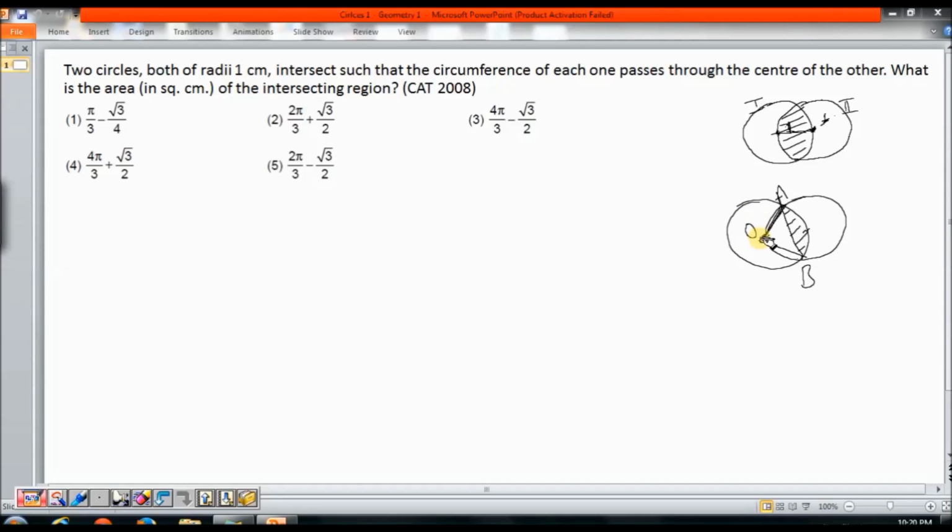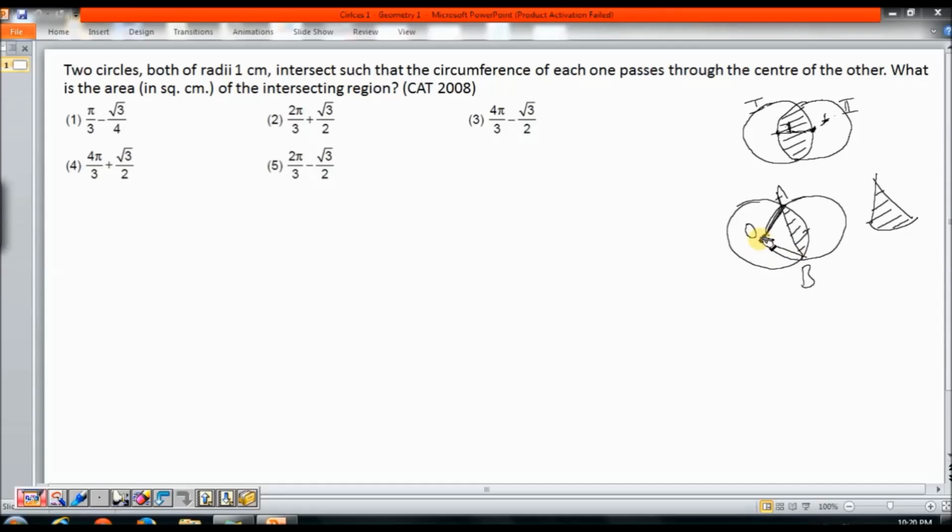So I get a triangle OAB and I also get an arc AB such that OAB also forms a sector. So something like this is called a sector. It is like a pizza pie. So this is called a sector. So my OAB along the arc is like a sector.